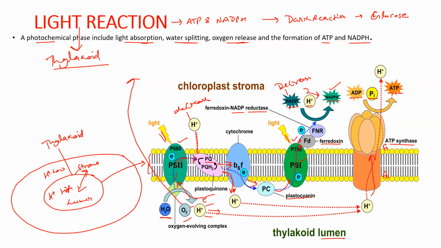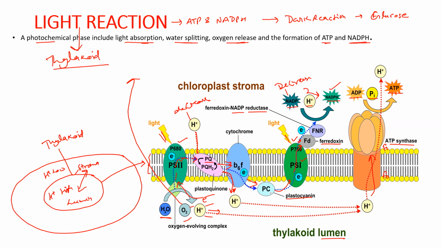Oxygen release. By water splitting, the oxygen is released. That oxygen goes out of the stroma to the environment. Formation of ATP and NADPH also takes place at the thylakoid membrane. All these events together are called light reaction because it takes place in the presence of light, or you can say the light is involved directly.